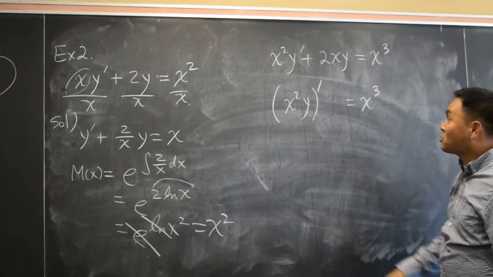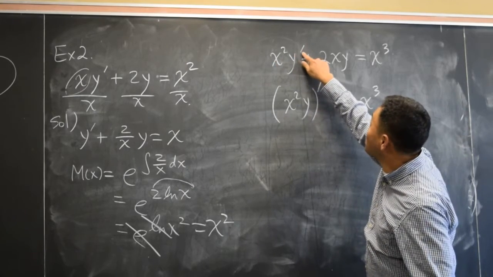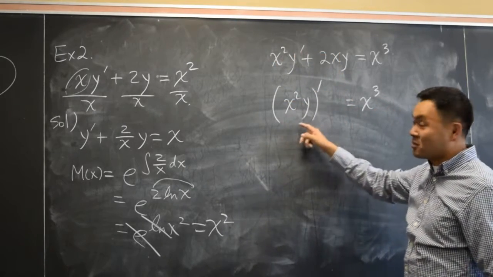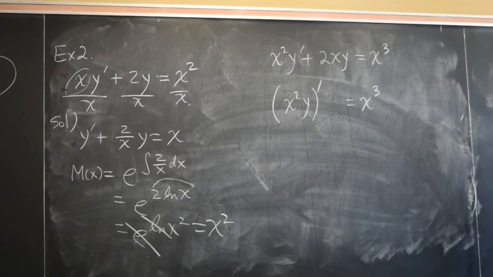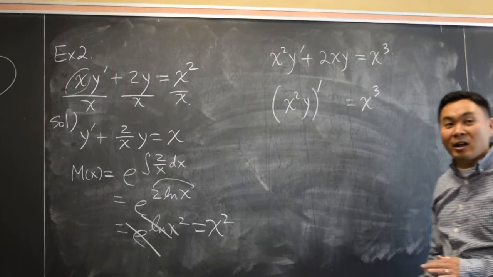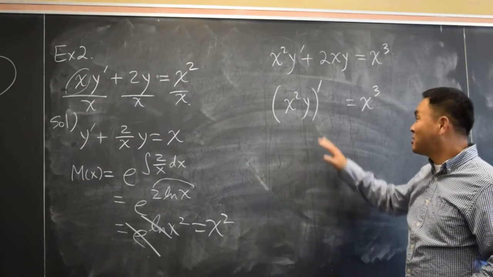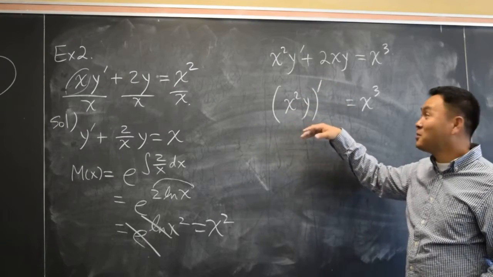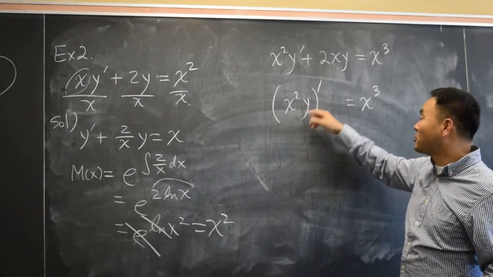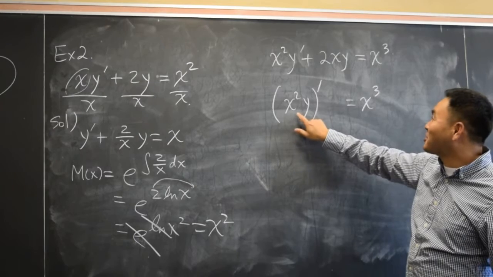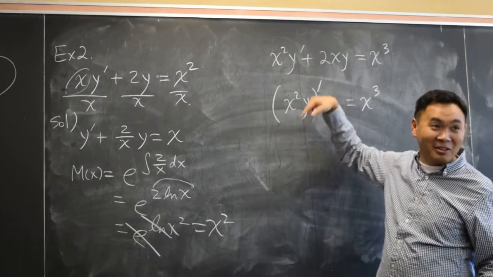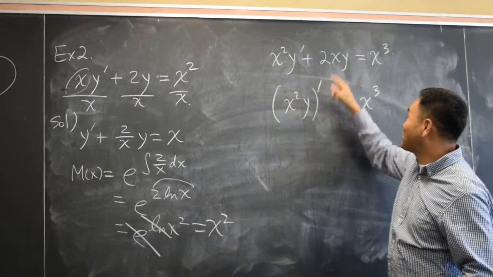Just whatever you see on here, remove the prime and put parentheses like that. And if you have doubts, then you can go back and read the Bible. Yeah, you can just take this and apply the product rule.